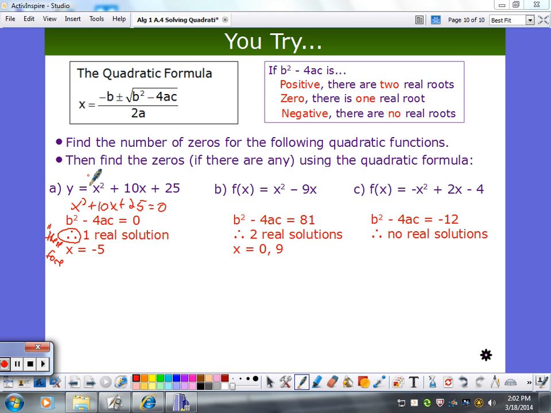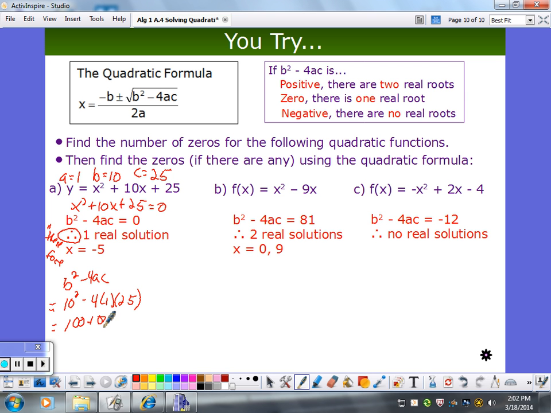Doing this one, b squared minus 4ac: A equals 1, b equals 10, c equals 25. b squared is 10 squared minus 4 times 1 times 25. That's 100, and so is that. I'm getting 0 for b squared minus 4ac.